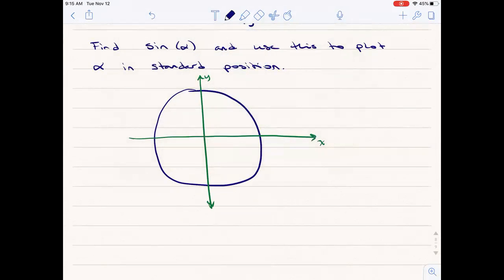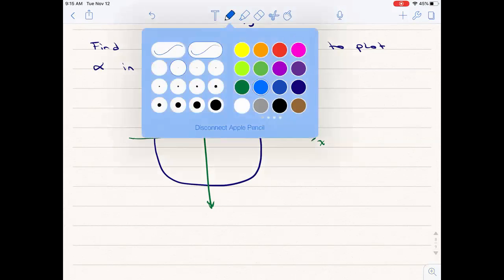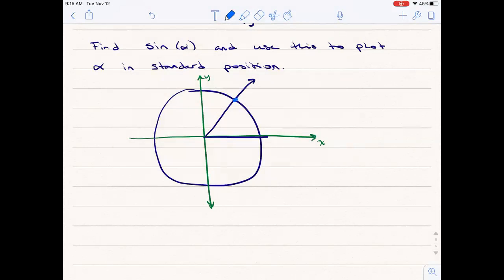What we're told is that from the standard position up to some point, this point here is at 5/13 x, and this angle here is alpha.